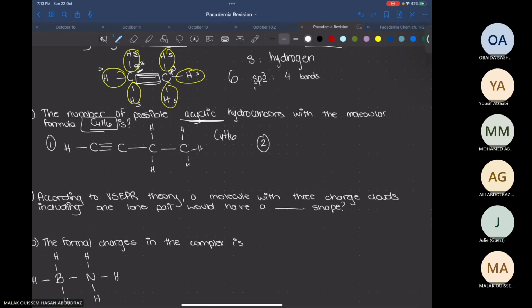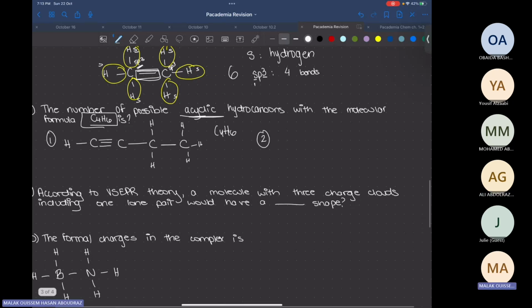Can we do it in another way? Can I put the triple bond somewhere else? In the middle. So like this, right? Yeah. How many hydrogens am I going to put in this one? 3. Okay.